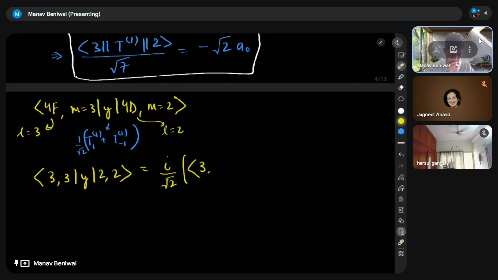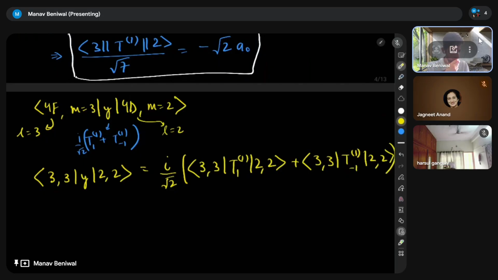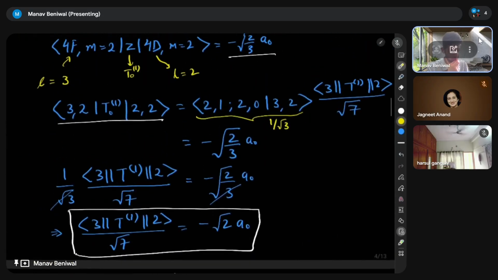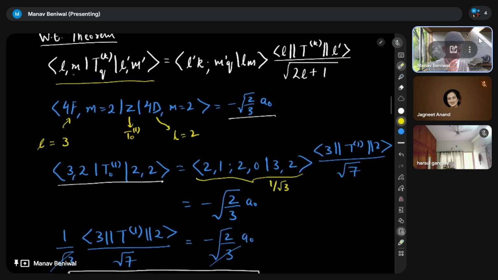One will be 3 comma 3 t1 2 comma 2, and the other term 3 comma 3 t minus 1 2 comma 2. So these two terms. Now if you look here, we have this m prime and q. So this is our theorem.